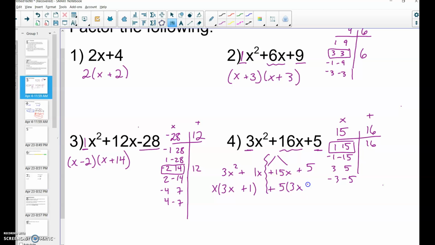So I have a 3x and a positive 1. These two terms should match up. If they do not match up, then you need to go back and check your math. So that means one of your factors for problem number 4 is 3x plus 1. Then your other factor is whatever's left over, x plus 5.